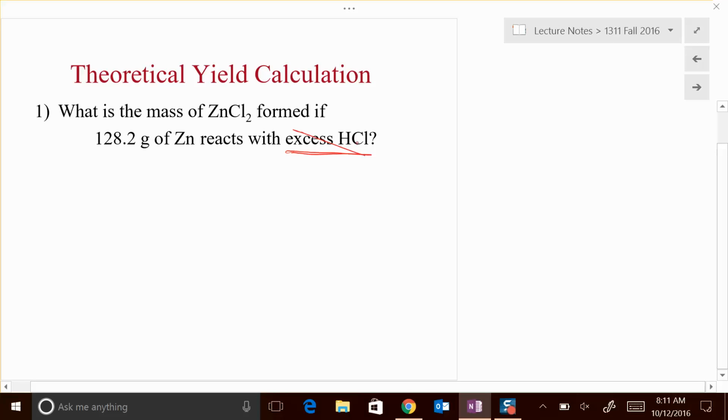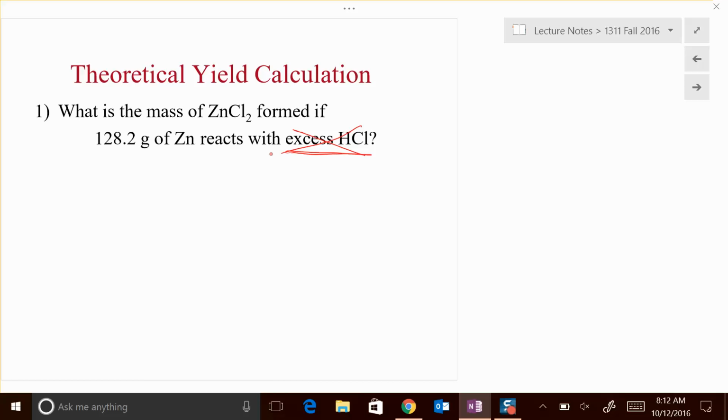No. All that means is that it's not part of determining the outcome. What determines the outcome is the thing that runs out. 128.2 grams of zinc is going to go to 0. All of it will be used. And when all of it is gone, the reaction will stop.